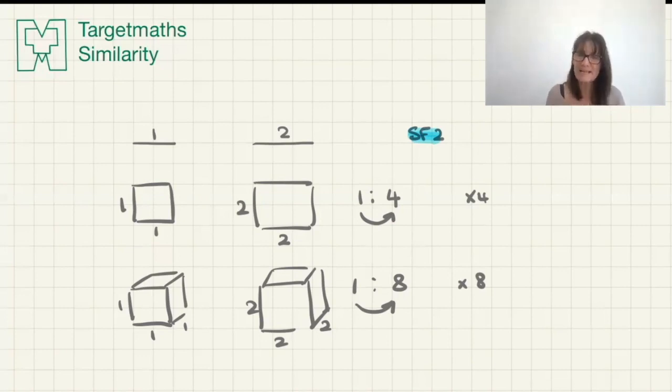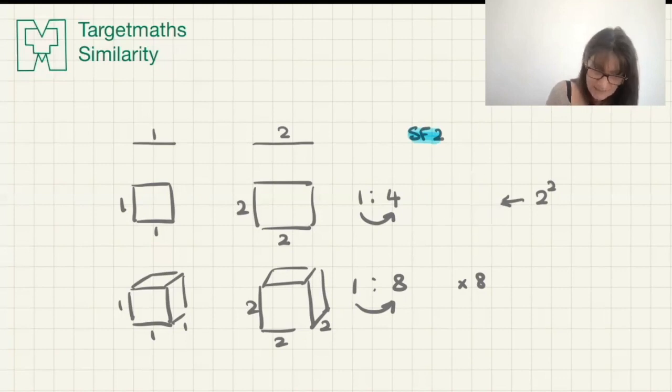Okay, but I need to be able to problem solve between these. So I need to make a link to the original scale factor. The original scale factor is 2. I can use 2 to help me make 4. 2 to the power of 2 helps me make 4. So I now no longer need to be thinking of it as times by 4.